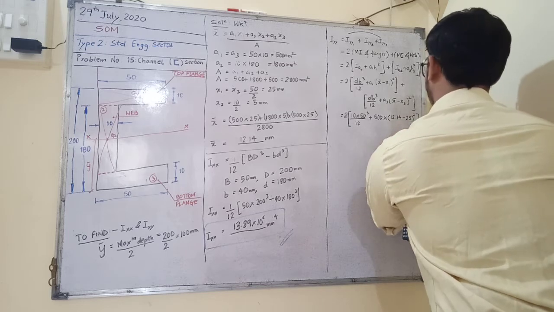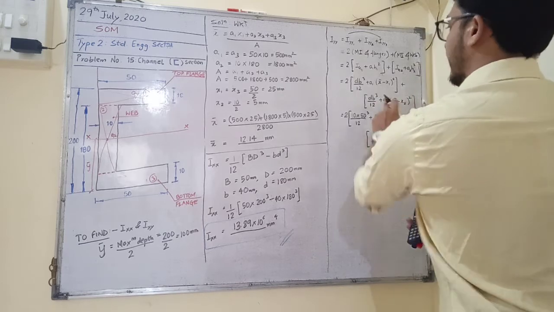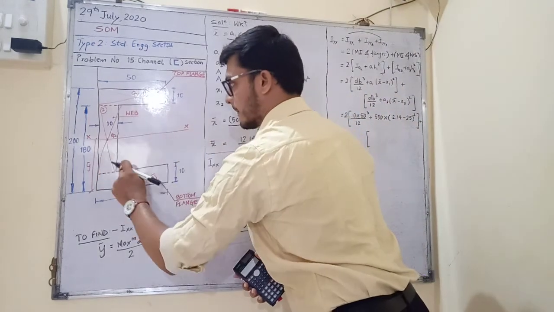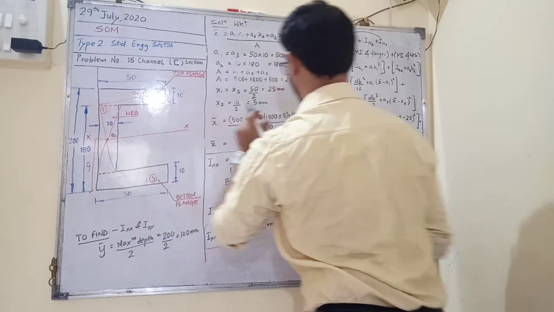First bracket is done, plus sign. Second bracket, dB cube by 12. For the second rectangle, d is how much? 180 and b is 10.